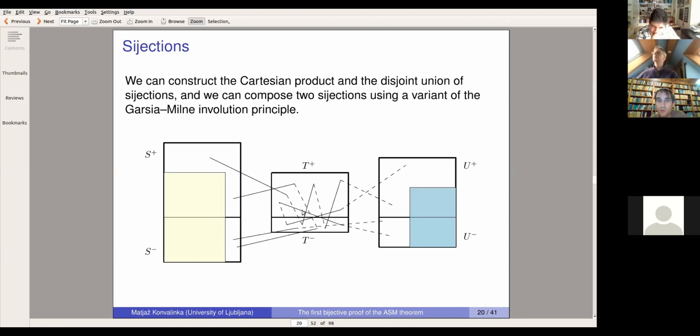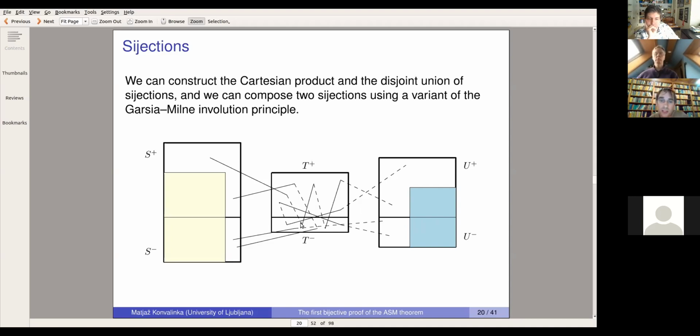So how do you compose two sijections? You want a sijection from S to U. There are some cancellations here, some cancellations here. You keep those. Then if you start with an element in S plus, it maps to an element in T plus via the first sijection. The second sijection can either map it to U plus, in which case you've found the matching, or it sends you to T minus.